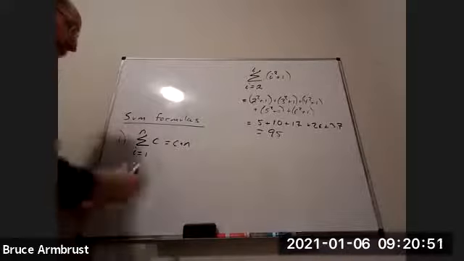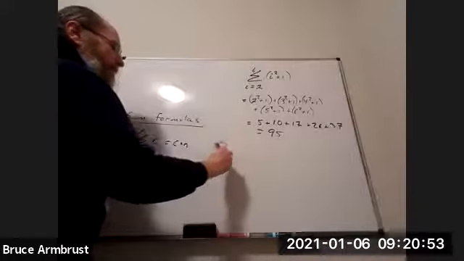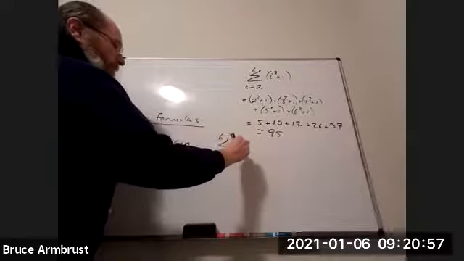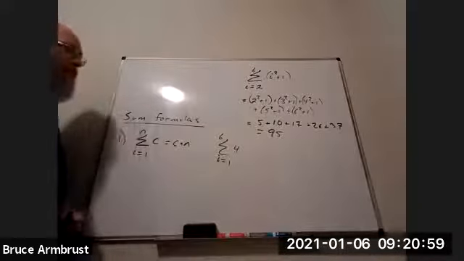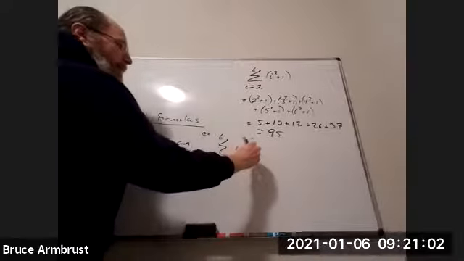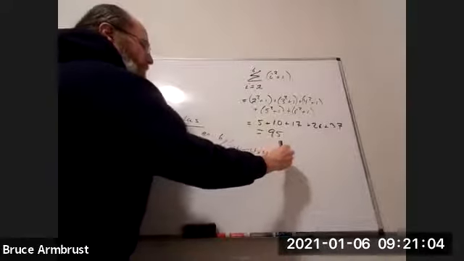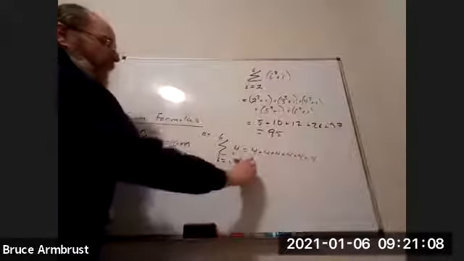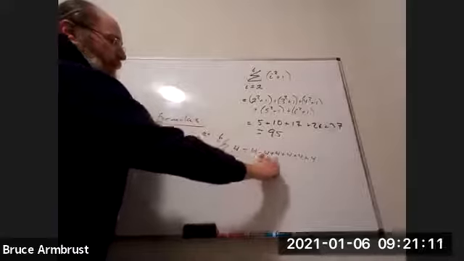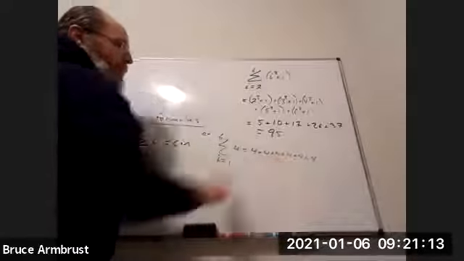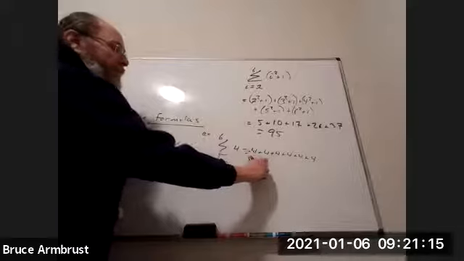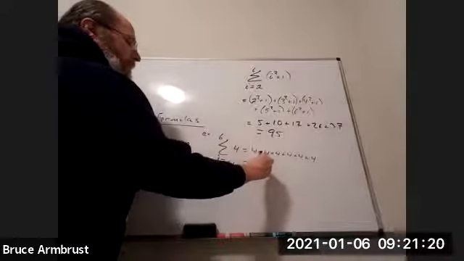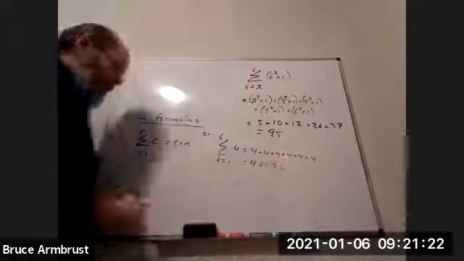An example of this would be, let's say we're doing the sum from 1 to 6 of 4. Well, that would be 4 plus 4 plus 4 plus 4 until we've got 6 of them, because this is i equals 1, i equals 2, i equals 3, i equals 4, and so on: first term plus second term plus third term plus fourth term. So this would end up being just 4 times 6, or 24.